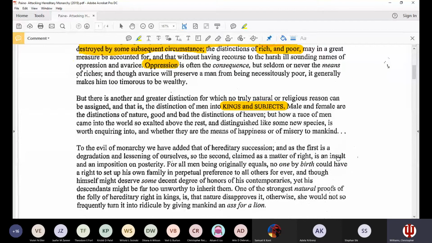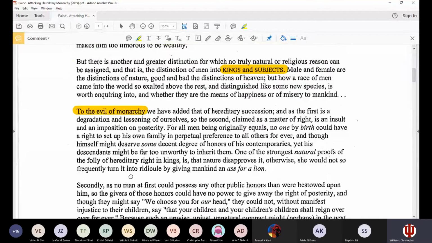And so when he says, when we add to the evil of monarchy, the fact that it's already an unnatural distinction, you've added another element to that when you bring in hereditary monarchy. Okay. And so he says, "To the evil of monarchy, we have added that of hereditary succession. And as the first is a degradation and lessening of ourselves, so the second, claimed as a matter of right, is an insult and an imposition on posterity."